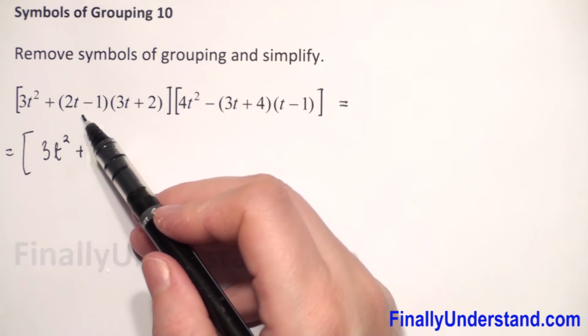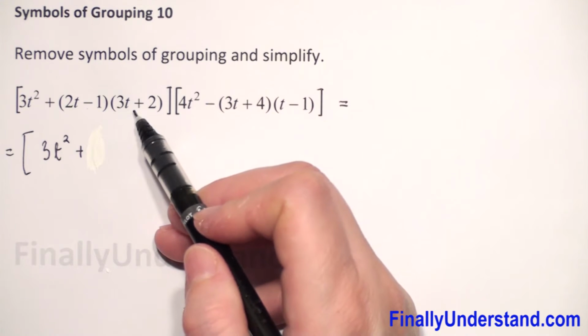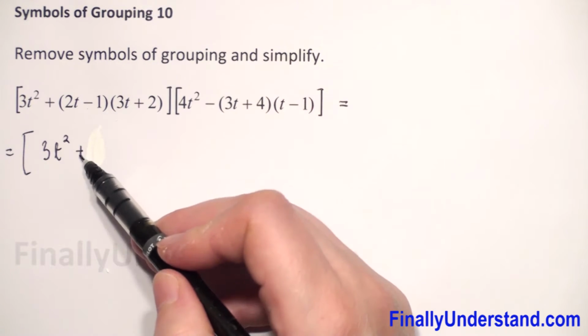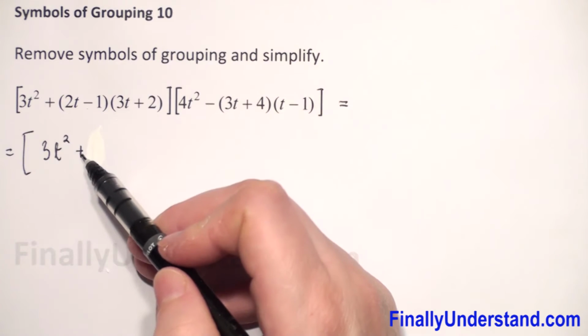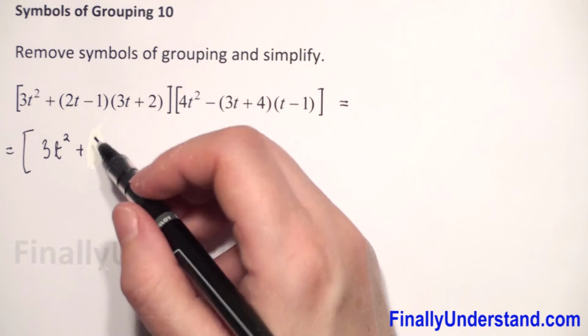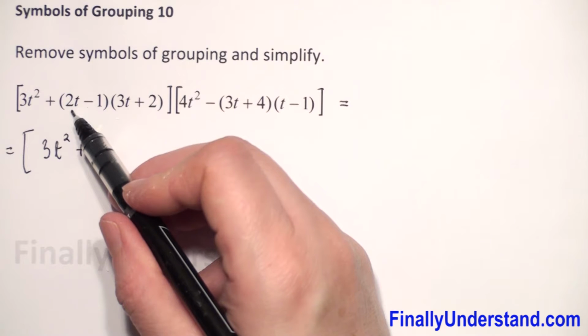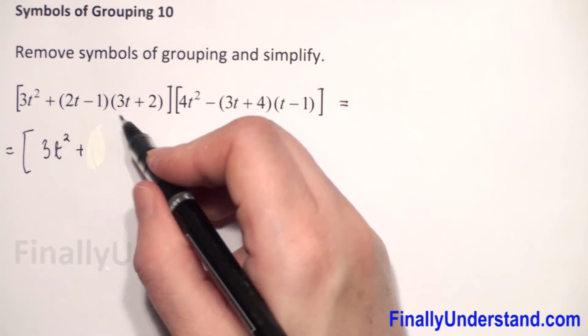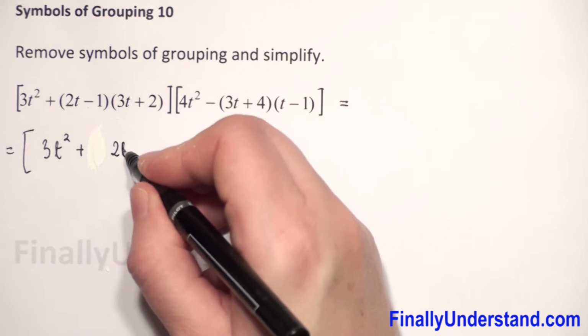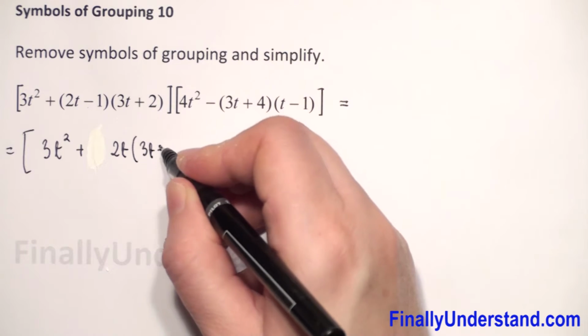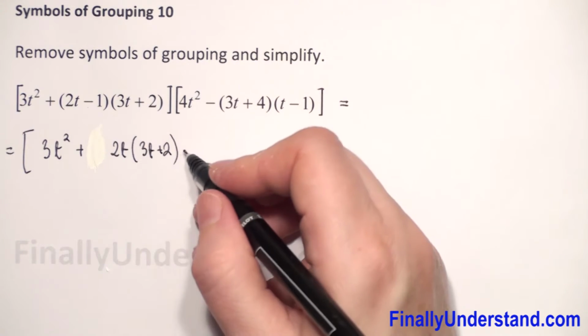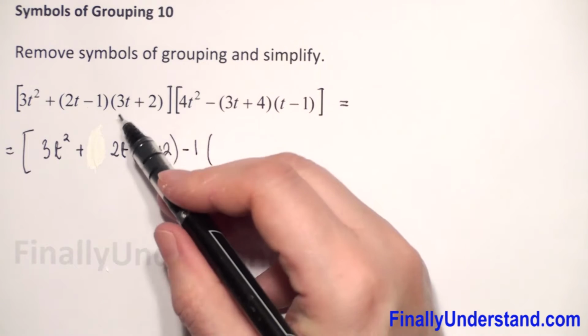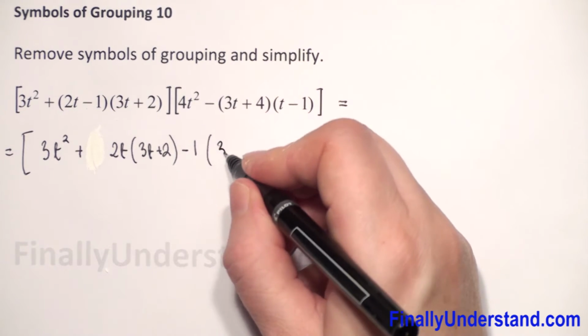Now we multiply every expression in the first parenthesis by every expression in the second parenthesis because we have positive sign, so we don't have to write parentheses now. And like I said, we have to do multiplication: 2t times this whole expression in parentheses. And next we have negative 1 times the whole expression in the second parenthesis.